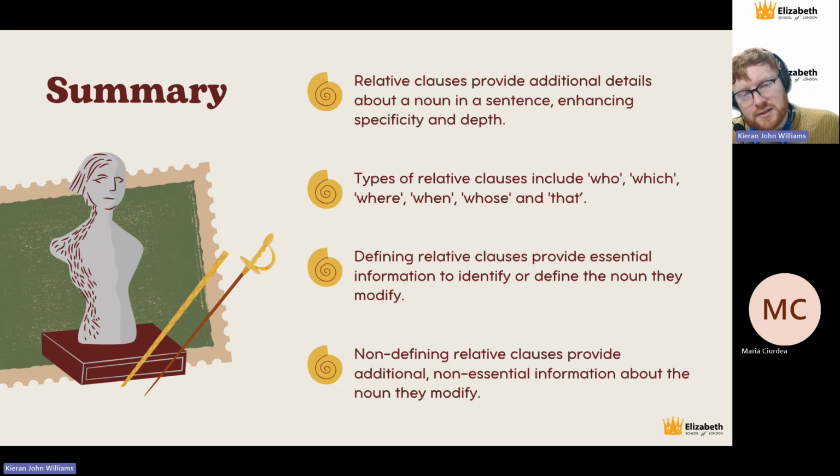Defining relative clauses give us the essential information to identify the noun. So it makes it a very specific noun. And non-defining give extra, additional, non-essential information, and they can be removed from the sentence. But you need to have a comma before them, and you need to have a comma after them.